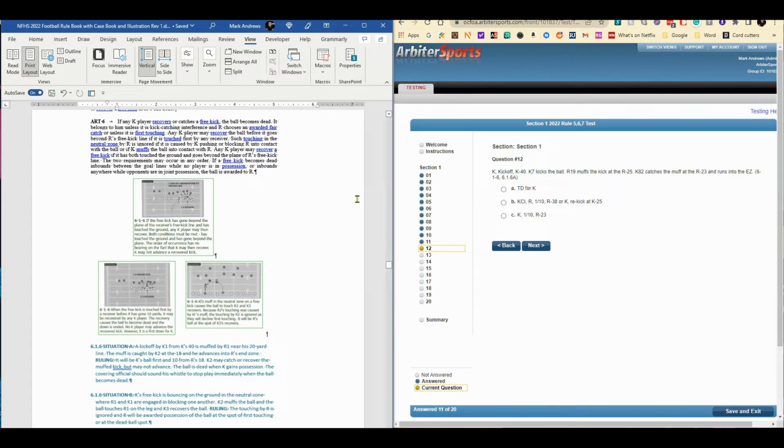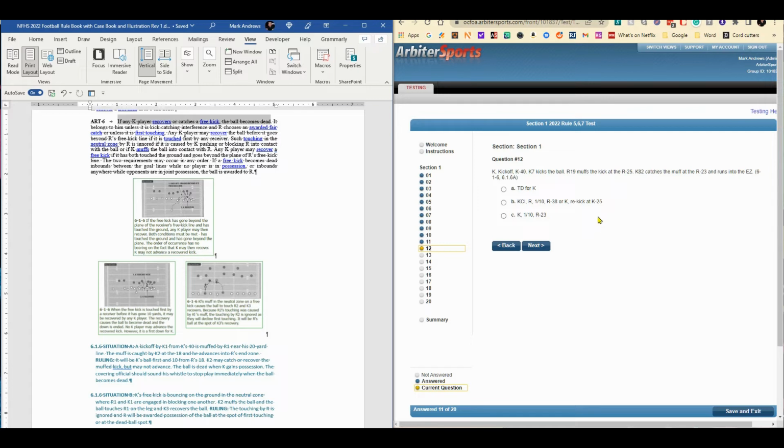Well, if we look at the rule reference of 616, first thing it says, if any K player recovers or catches a free kick, the ball becomes dead. Okay, so we know that it's not a touchdown. This does not constitute kick catching interference. K didn't cause R to muff the ball.